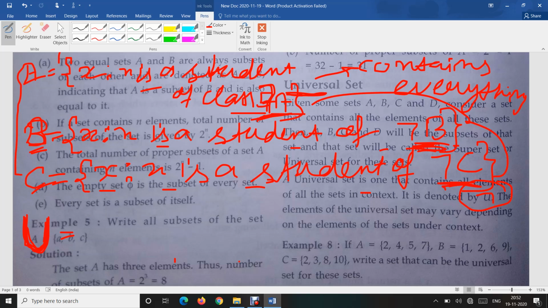That means 7th Lily and 7th Dahlia are parts of class 7. So class 7 is the universal set.